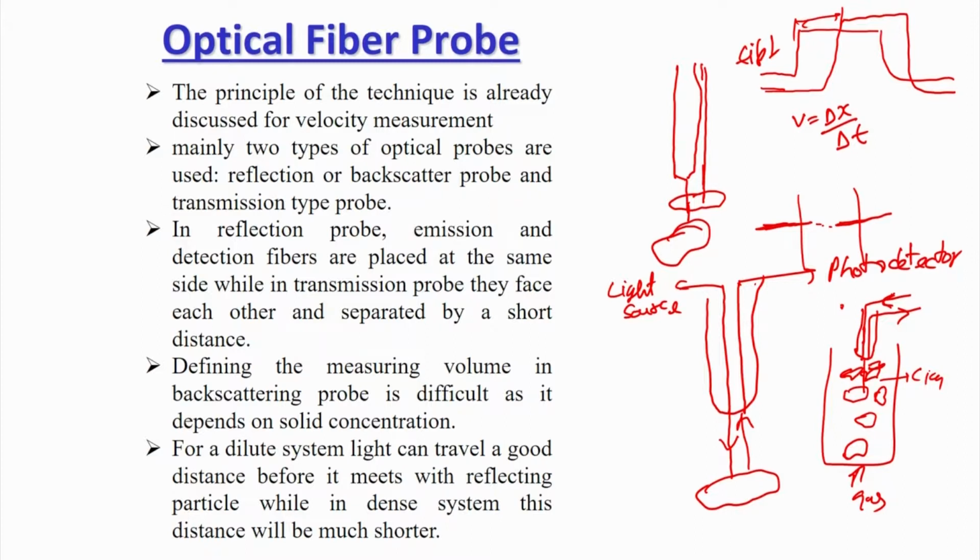So the measurement volume is not fixed, and that is the major disadvantage, because you are using straight tubes, both straight. It means we do not know where we are actually measuring the volume fraction. We get the volume fraction and how it changes with time, but we do not know where we are measuring, because depending upon the system density or discrete phase fraction, the light travel distance will be different.